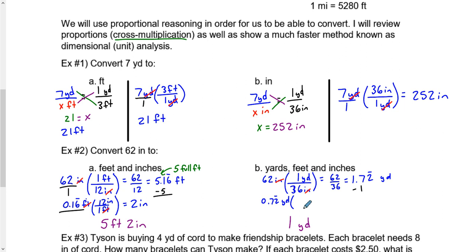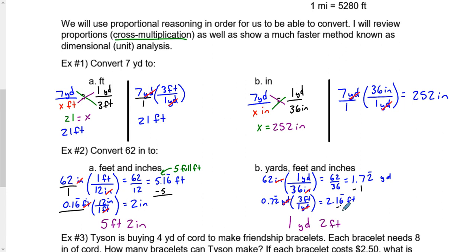Now we're converting to feet. Well, 1 yard is 3 feet. So I just have to quickly go through it. I subtract off my 1, multiply it by 3. And then I get 2.16 repeated feet. So that's 1 yard, 2 feet.